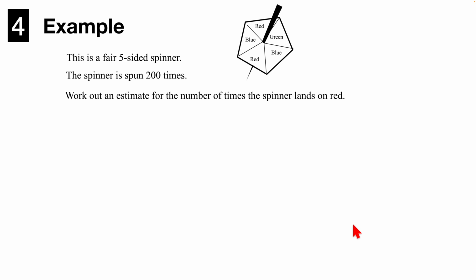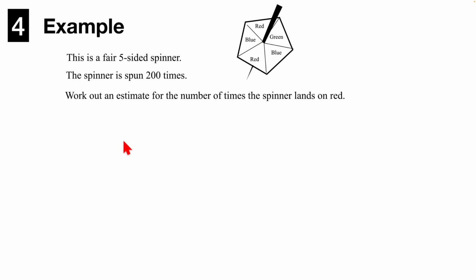Here's an example. This is a five-sided spinner, which means it can equally land on any of these edges. The spinner is spun 200 times. Estimate the number of times the spinner lands on red. Now, these questions sometimes hold a trick, and this is red appears twice. So it isn't just one side, it's 2 sides.